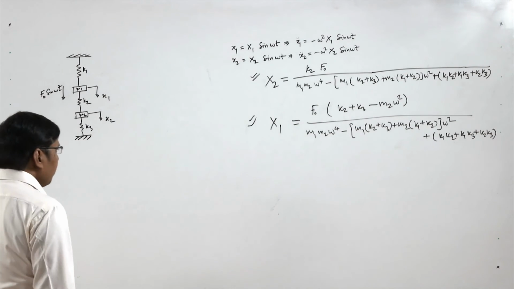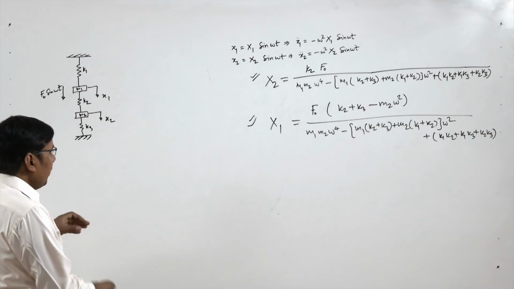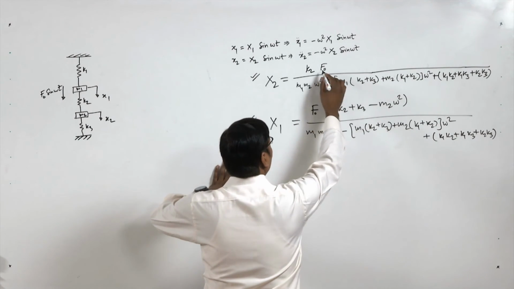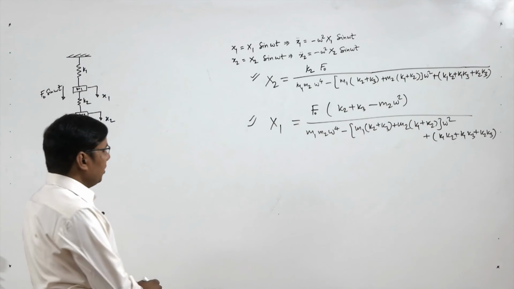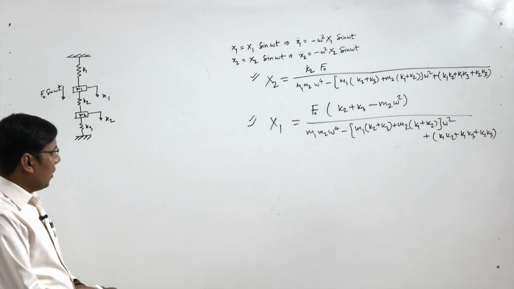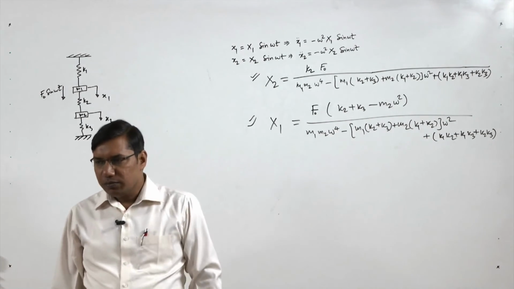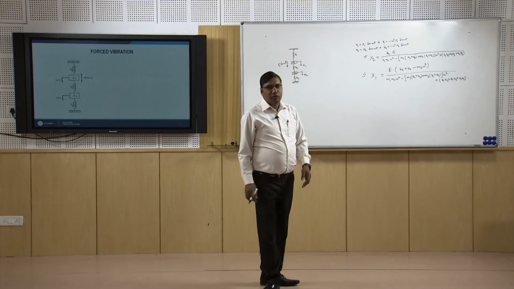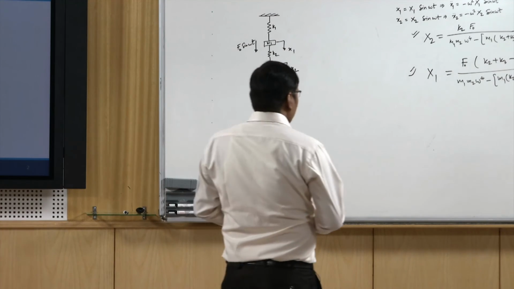What we see is that if force is 0, x1 and x2 are 0. This denominator term is nothing but the frequency equation, and if we solve that equation it will give the natural frequency of the system.